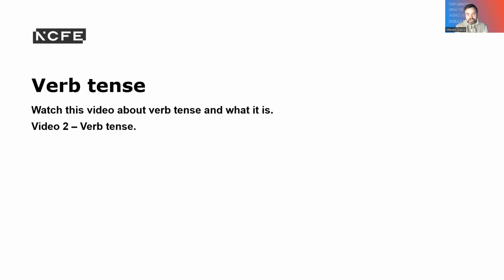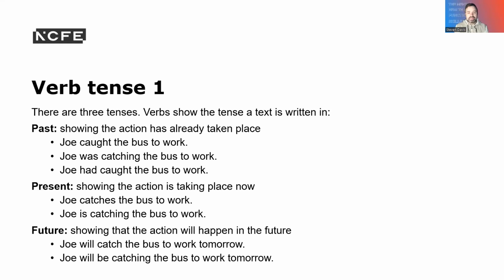So verb tense 1. There are 3 tenses. Verbs show the tense in which the text is written. So past, present, future. So they're the verb tenses. In the past, Joe caught the bus to work because the action's already taken place. Joe was catching the bus to work, or Joe has caught the bus to work. Present shows the actions that are taking place now.